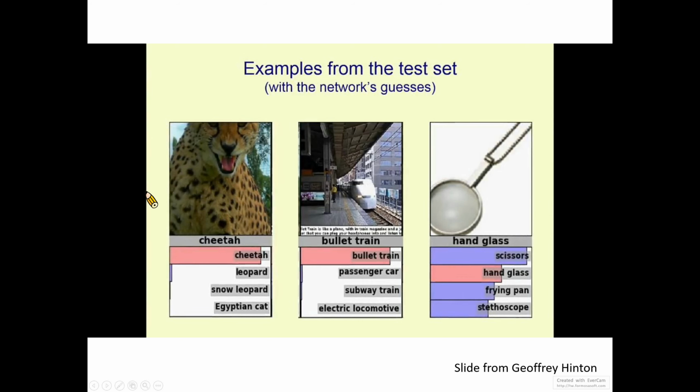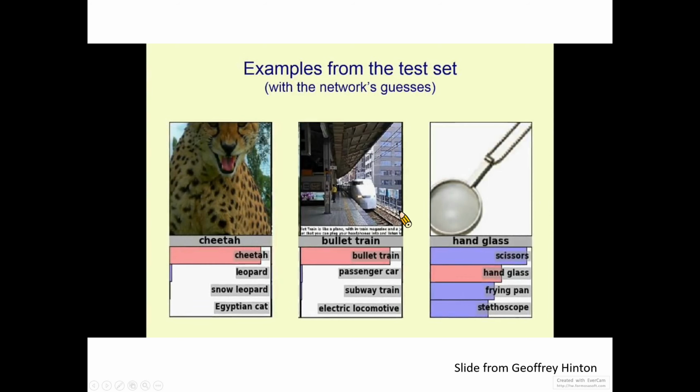For example, if you develop an algorithm to see what is in these pictures, there's a cheetah in this picture, and the algorithm correctly identifies it as a cheetah. But it also generates probabilities for the other animals, and the probability for the cheetah is much higher than the others. So we can say that this algorithm can correctly identify the cheetah, but not leopard or snow leopard or Egyptian cat.